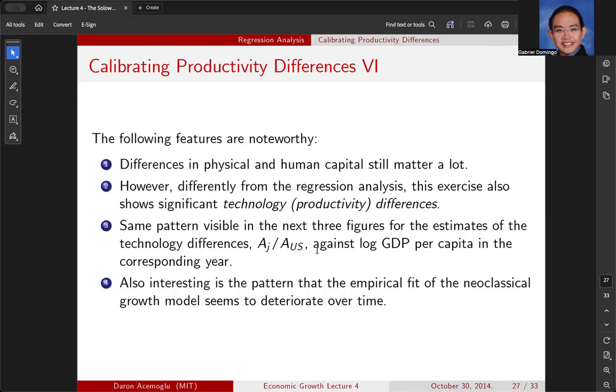And you'll find that it's not possible to do that unless you also assume large differences in TFP as well.